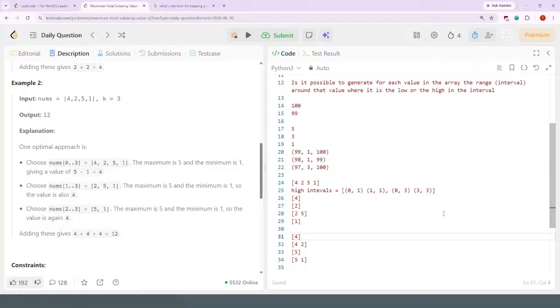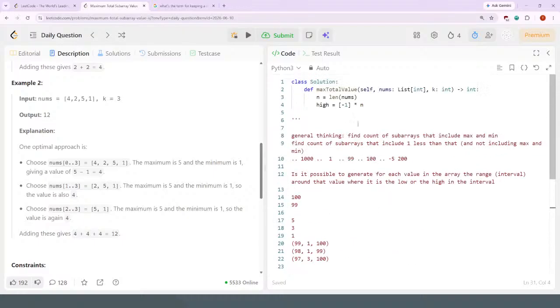Monotonic decreasing: 4, 4, then 2, 5 pops the 2, pops the 4. I think it's monotonic decreasing.